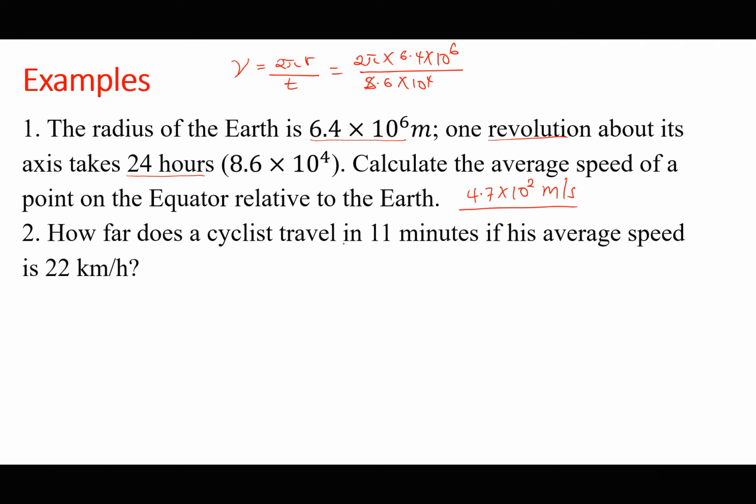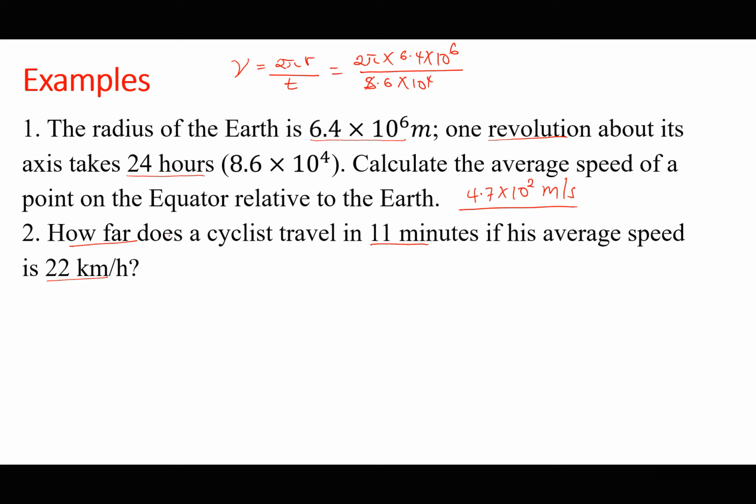How far does a cyclist travel in 11 minutes if his average speed is 22 kilometers per hour? At this level, I expect that each of us is old enough to be able to convert our units from kilometers per hour to meters per second. So we want to find distance, that is how far.